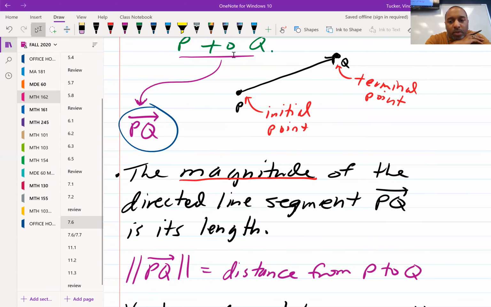Going back to the magnitude of a directed line segment, it is its length. So we're talking about the distance from P to Q. You see the symbolism now.